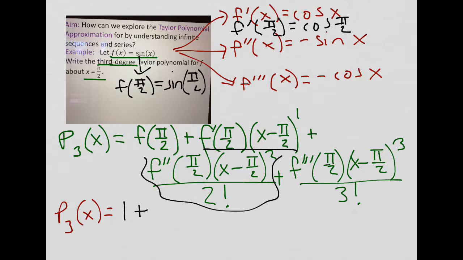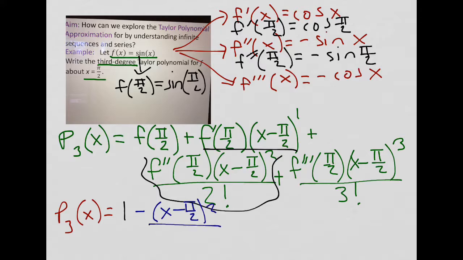Figure out what this is. So I need to know what f double prime of pi over 2 is. So it's a negative sine of pi over 2. Well, the sine of pi over 2 is 1, so if I negate that, I get negative 1. So I'm going to erase this plus sign because I'm going to have a negative 1 times the quantity of x minus pi over 2 squared over 2 factorial.